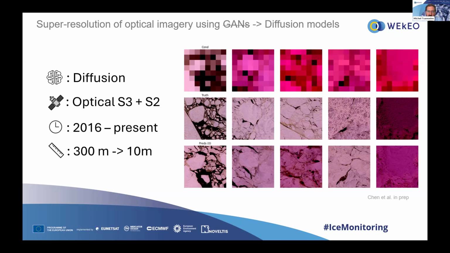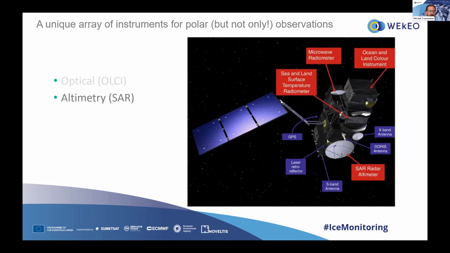In the bottom, we made a prediction from the pixelated Sentinel-3 image, and we were very happy to see this preliminary result. This is in preparation at the moment. Perhaps you don't see the exact truth, but you see something that looks very realistic and might be very important for models and applications of all kinds. So that's an interesting example of optical applications.